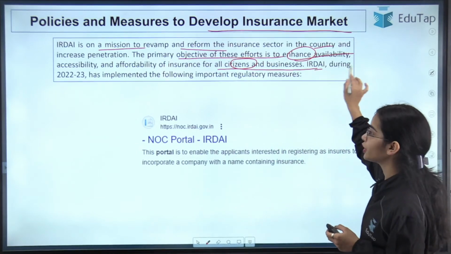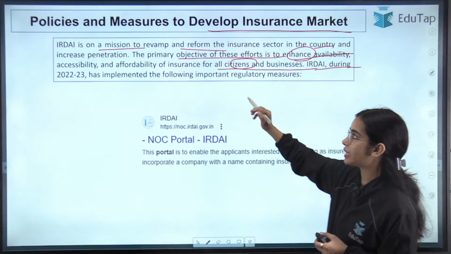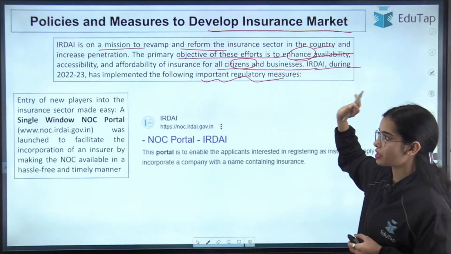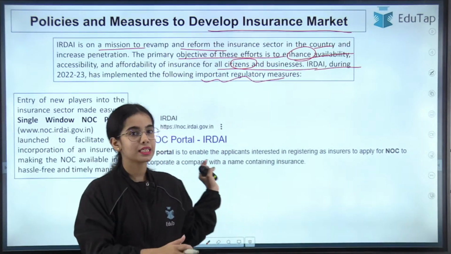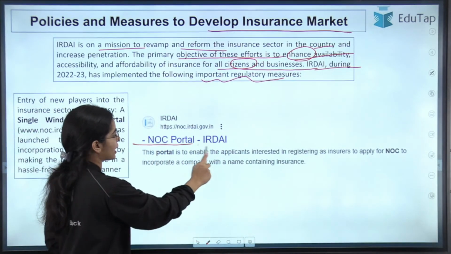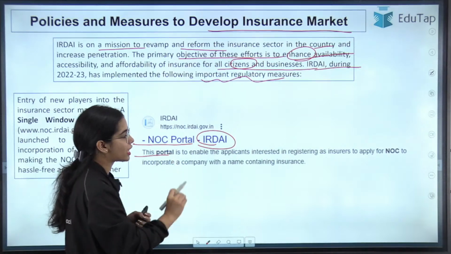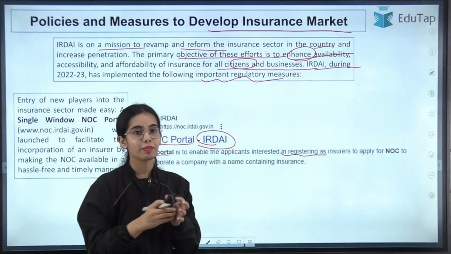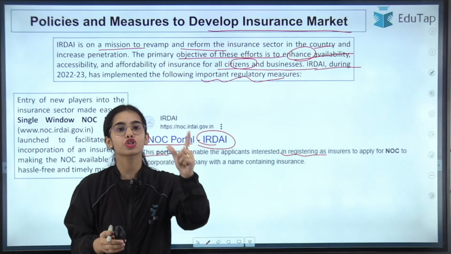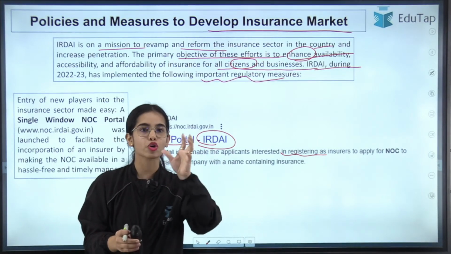So IRDAI during 2022-23 has implemented the following important regulatory measures, such as a single window NOC portal has been opened. This is the NOC portal of the IRDAI. This portal is to enable the applicants interested in registering as insurers. That means you want to become an insurer. You want to open your insurance company.